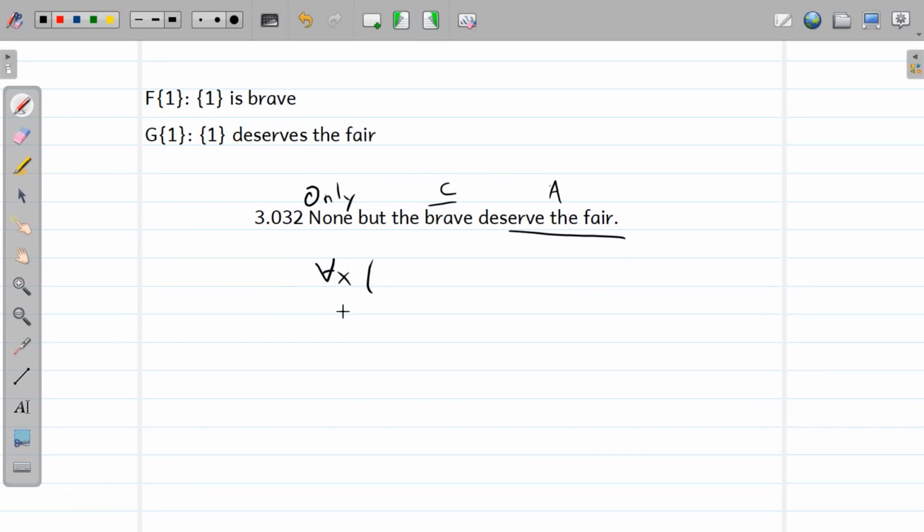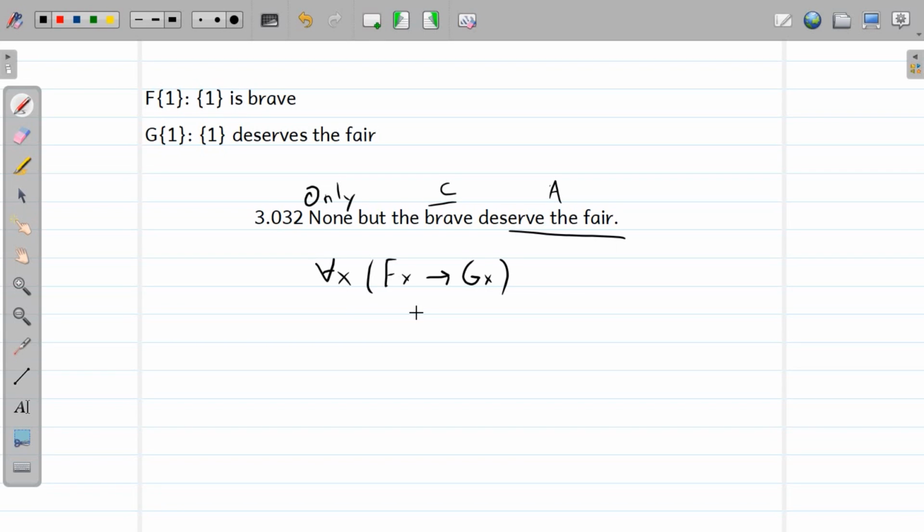We're saying of anything that deserves the fair, then they are GX. So none but the brave deserve the fair: if anybody's not brave, then they don't deserve the fair. If anybody deserves the fair, then they're brave. Those are all saying the same thing, right?